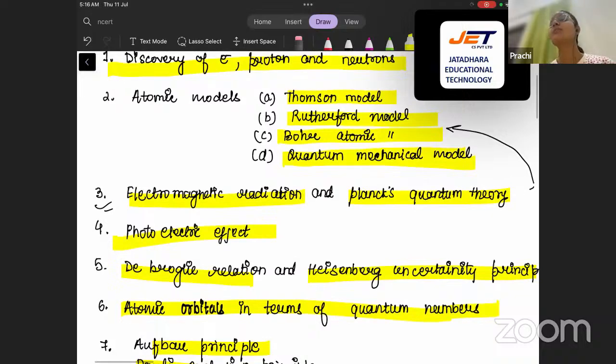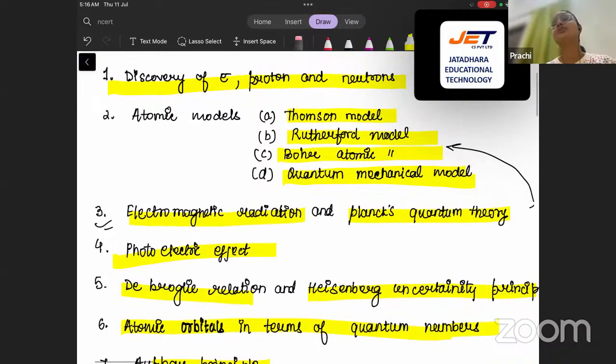the Bohr's atomic model. And before the Bohr atomic model, we need to learn about the electromagnetic radiation and the Planck's quantum theory. But yes, today we will start from the atomic model, and there first we will learn about the Thomson model, and then we will learn about the Rutherford model and the experiment that he conducted in which he discovered the nucleus.